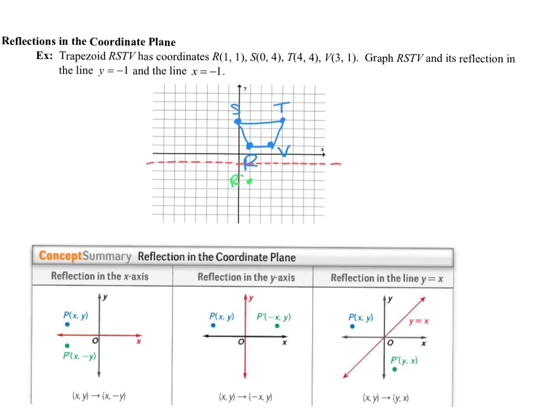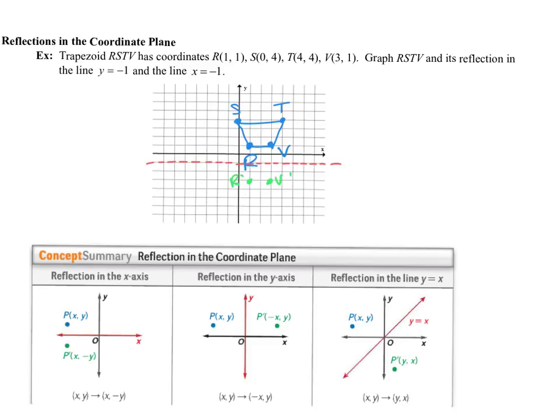And then the same thing with point V. Point V is 2 units above the line, so V prime should be 2 units below the red dotted line. So V prime would be right here. And then S is on the y-axis, and it is, let's see, 1, 2, 3, 4, 5 units above the red dotted line. So S prime would be 1, 2, 3, 4, 5 units below the red line.